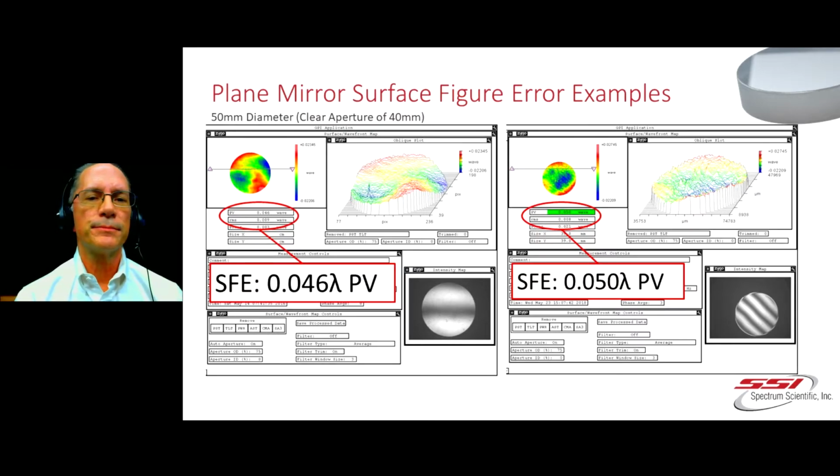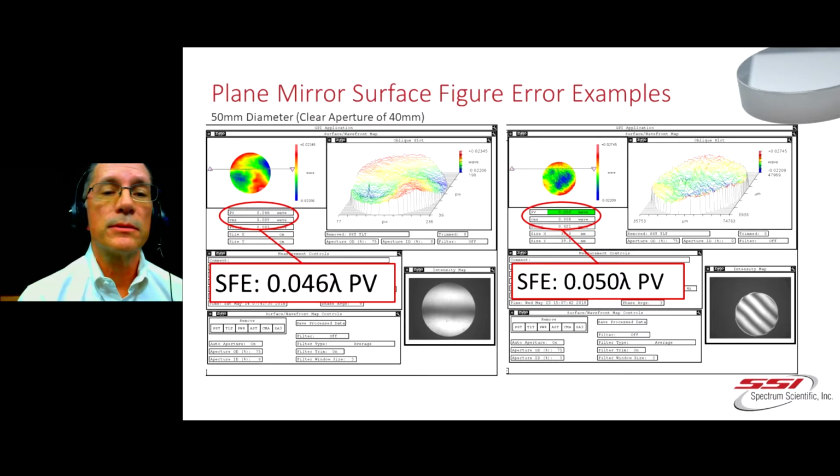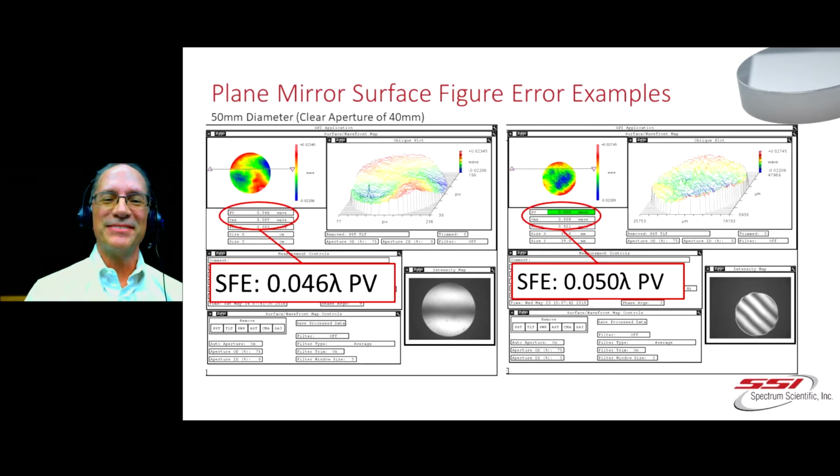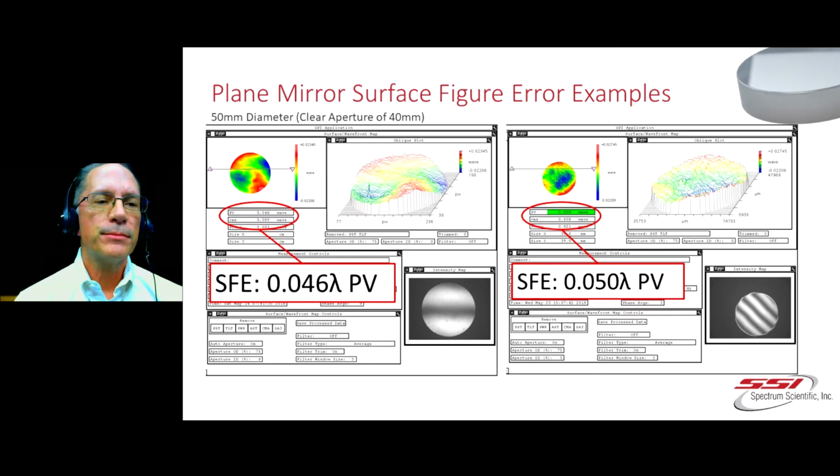The aperture here is about 40 millimeters in diameter, but nearly 20th wave peak to valley. When you talk about RMS numbers, it blows my mind. This is like 100th wave RMS. Unbelievable. But yeah, also another periscope mirrors. They call them tank mirrors sometimes.